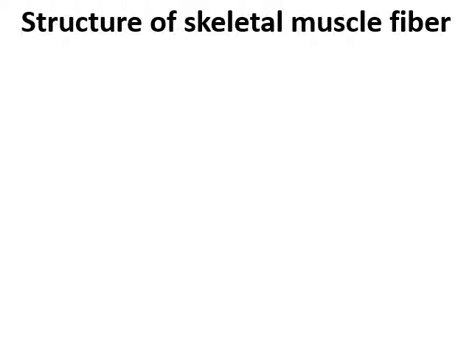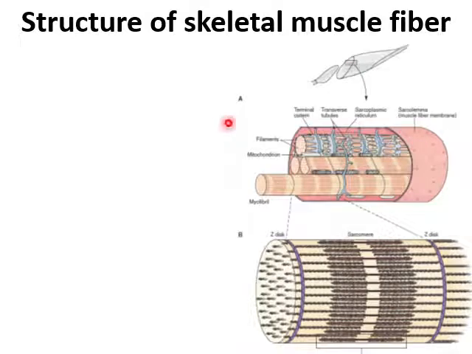Now moving on to the structure of skeletal muscle fiber. The skeletal muscle is composed of numerous parallel elongated cells referred to as muscle fibers. So this is the muscle extending from one bone to another bone with its tendinous attachments. Inside each skeletal muscle there are muscle fibers.